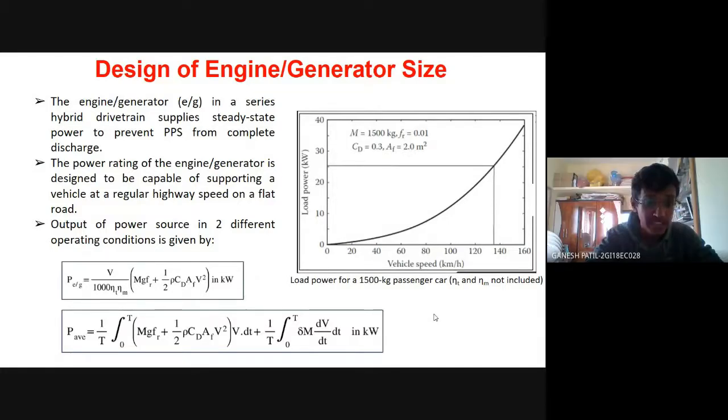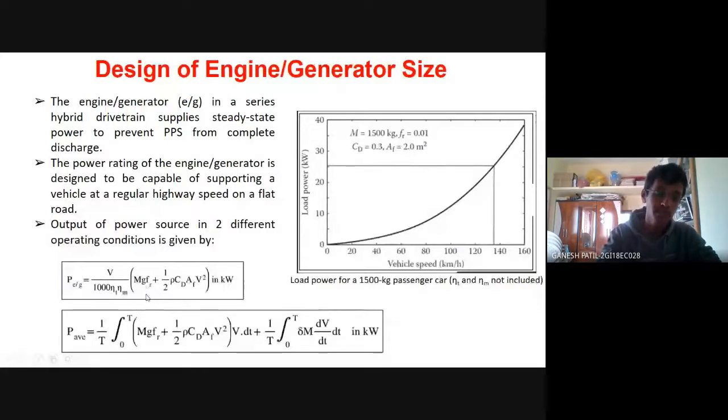So as we can see here, we see two equations. P engine is the power required from the engine when the vehicle is driving on the highway at a constant speed. Here again, air drag and rolling resistance contribute to the resistance of the vehicle.